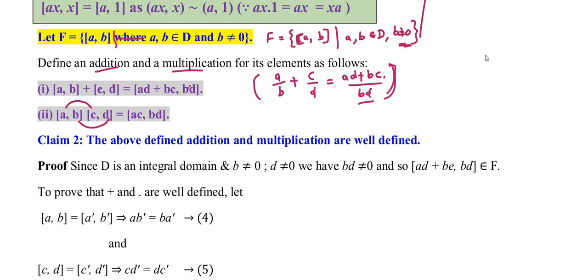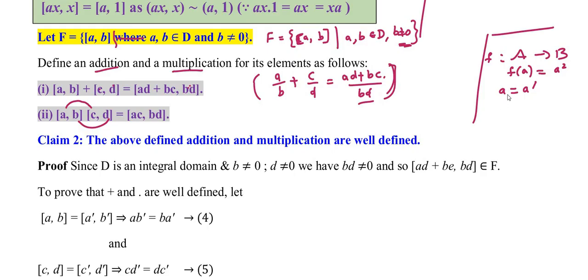Normally, if we are given any function F from A to B, and it is defined in this way, say, for example, F of A is equal to A square, or just B, and we want to establish that this F is well defined, what we need to do is take A equal to A prime.